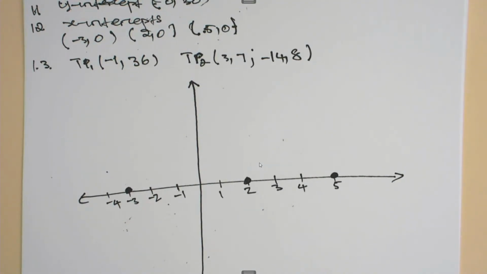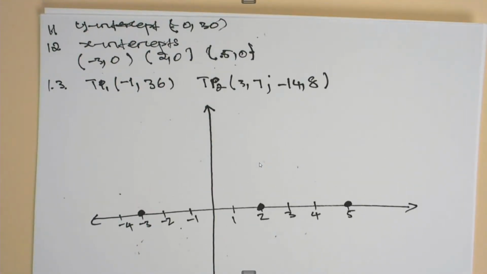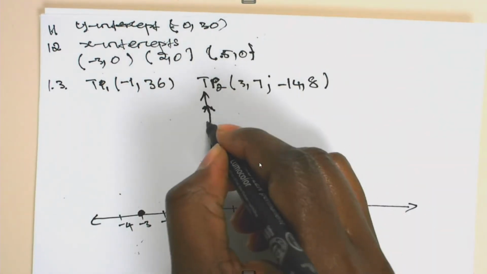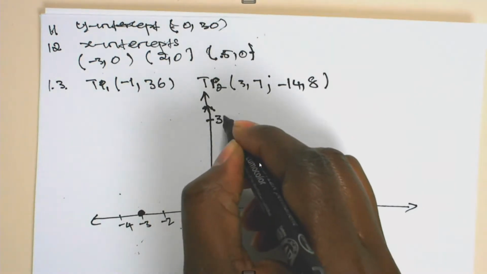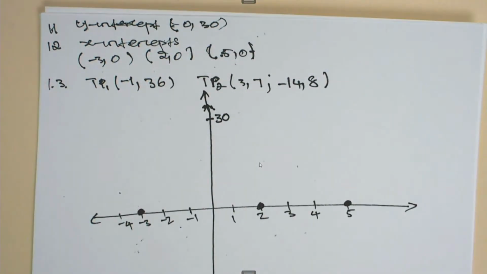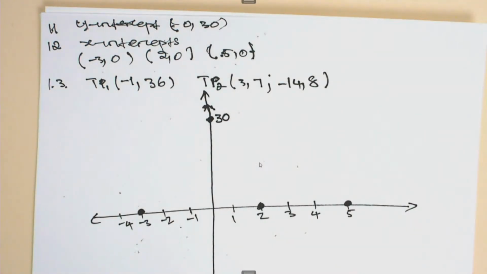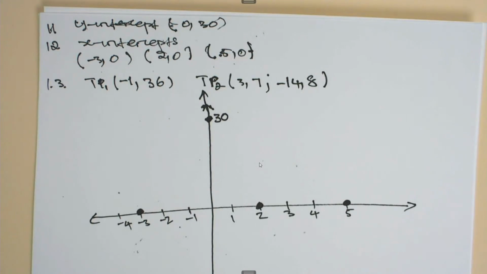And then from the y-intercept, we have 0 and 30. Let me extend this. All right. Suppose we have 30 somewhere there. Now we have a point here. This is our y-intercept. And then from there, we need to plot our stationary points.